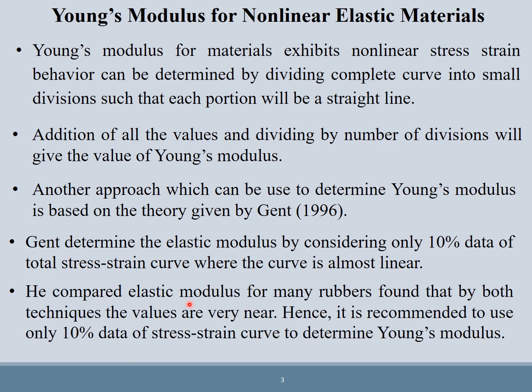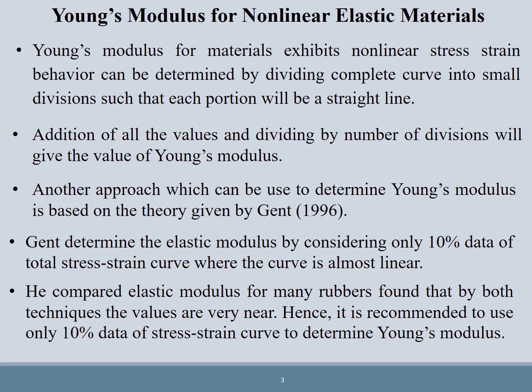So he compared the elastic modulus for many rubbers, and found that by both techniques the values are very near. Hence, it is recommended to use only 10% data of a stress strain curve to determine Young's modulus. So now the first heading is related to the Young's modulus of nonlinear elasticity, and I hope now you understand that there are two approaches.